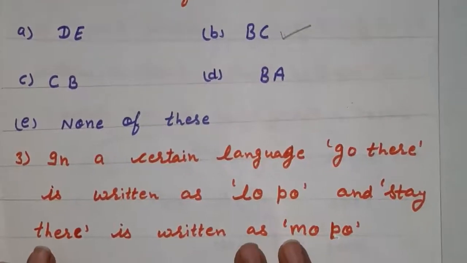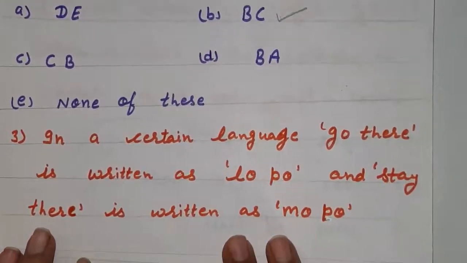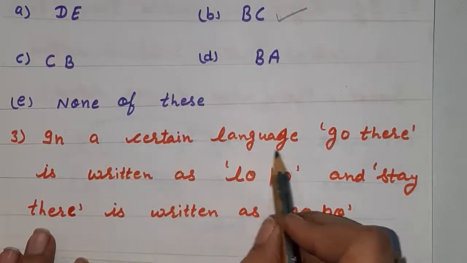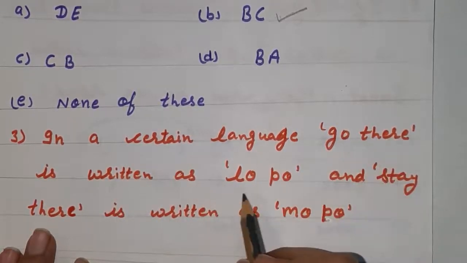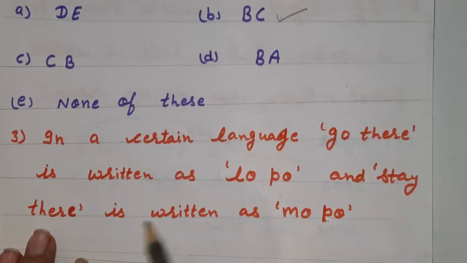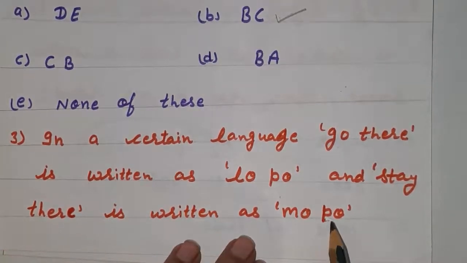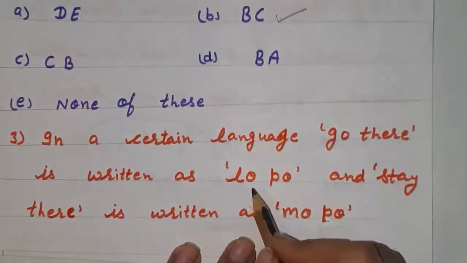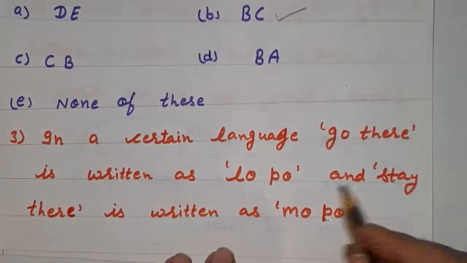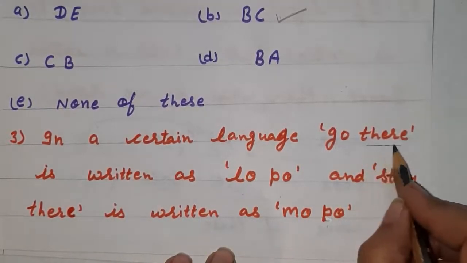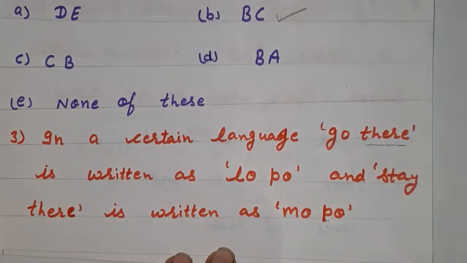Now, next question was, in a certain language, go there is written as lopo and stay there is written as mopo. So look here, what is repeated? Go there, stay there. Repeated is there. Lopo, mopo.